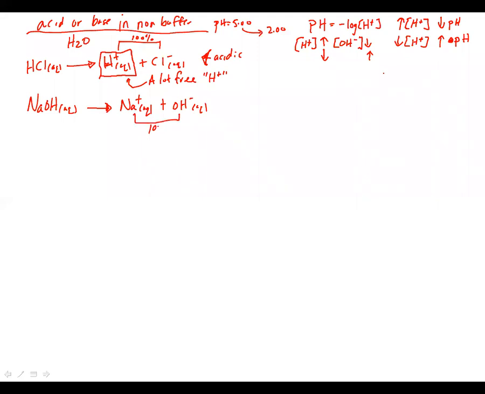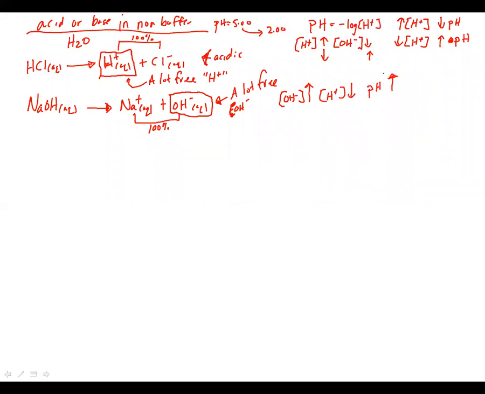And that means, just like above, although we didn't generate H+, we made a lot of free OH-. And by making a lot of that free OH-, because OH- is tied to H+, the amount of OH- goes up, and the solution is basic.